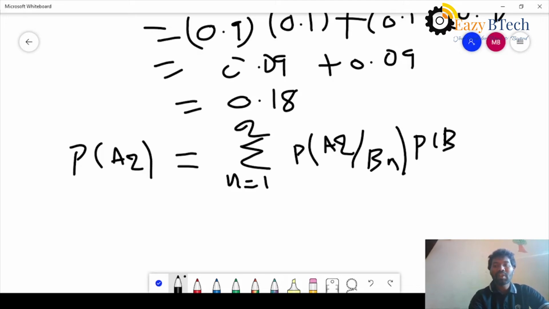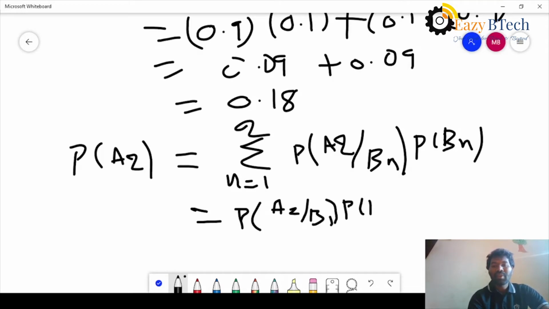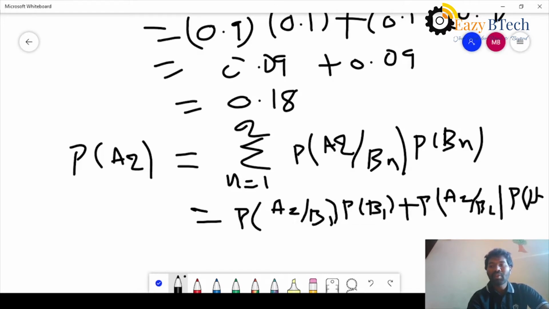This is the same formula I am applying from the total probability theorem. We will expand it and get P of A2 given B1 into P of B1 plus P of A2 given B2 into P of B2.